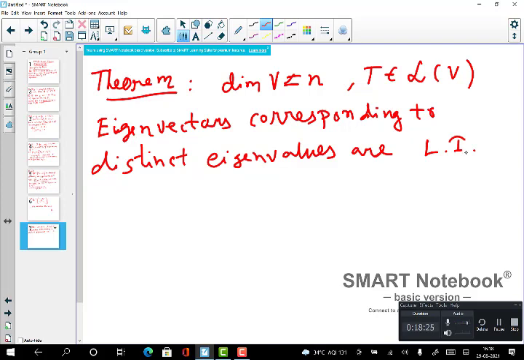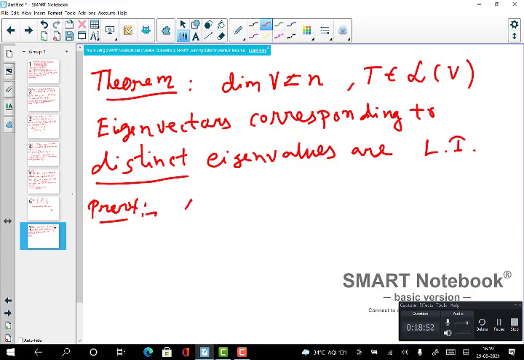Distinct means they are different, each of those is different. So whenever you have eigenvectors whose eigenvalues are distinct, then the corresponding eigenvectors must be linearly independent of each other. Okay, so proof. Let me start.